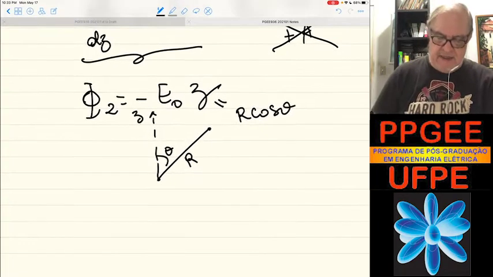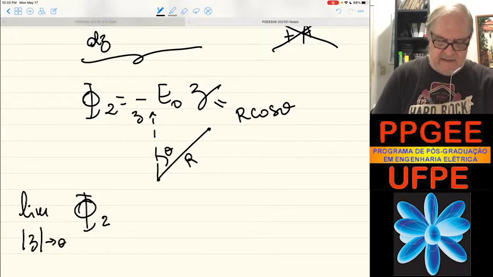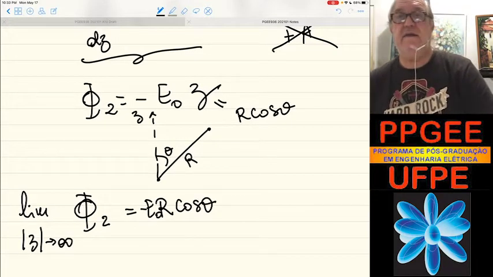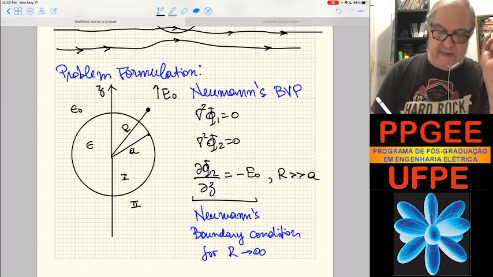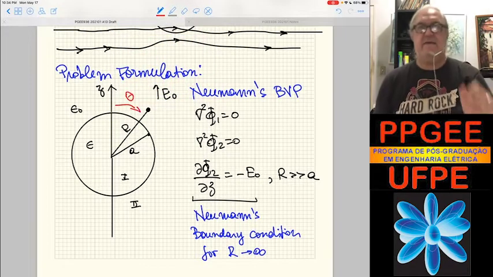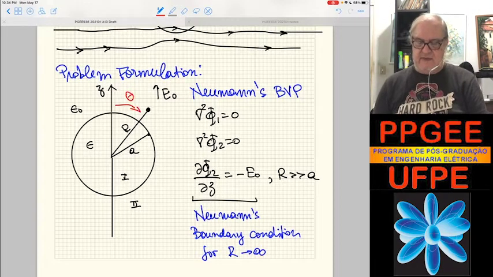So in fact, the limit of the potential as z goes to infinity equals minus E0 times r cosine theta. So you see that for this problem, the potential depends on two variables: it depends on r and on theta. It doesn't depend on phi. We have azimuthal symmetry.